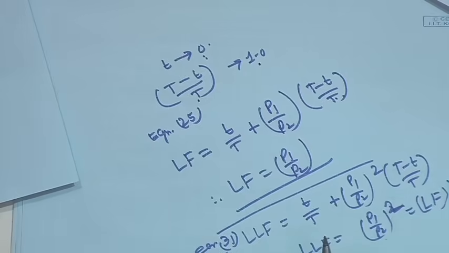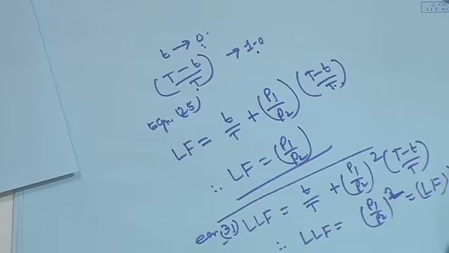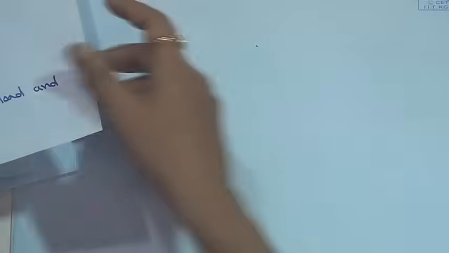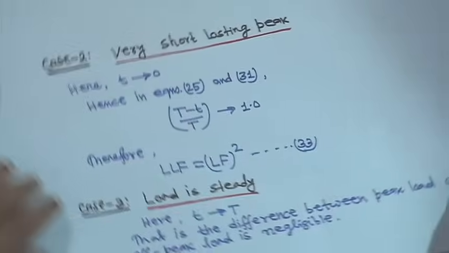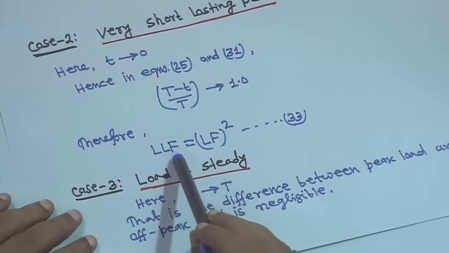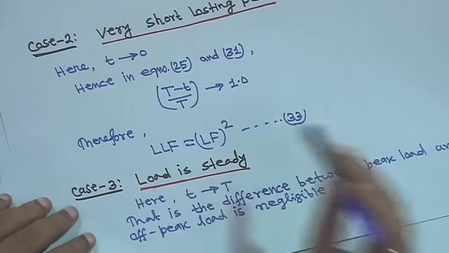That means loss factor for this condition is equal to square of the load factor. Therefore, here t tends to 0, so from equations 25 and 31, loss factor is equal to load factor square.